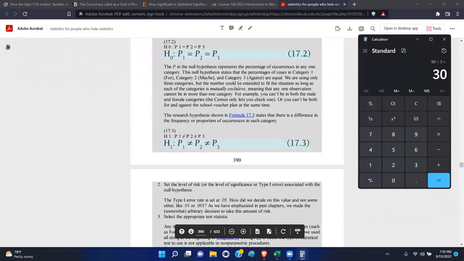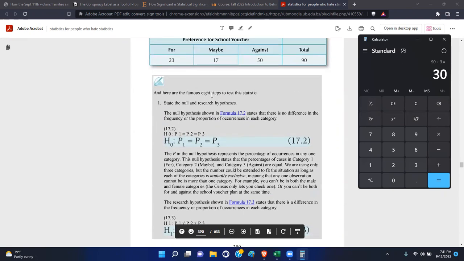After this first test, we'll come back to this notation right here. It's probably a little new to you, but all I want to point out right now is the equality sign, which basically says that if our null hypothesis is true, we would see equality.